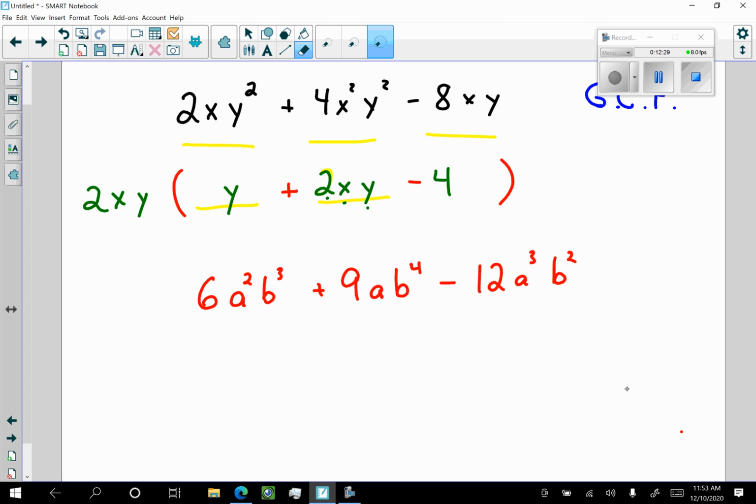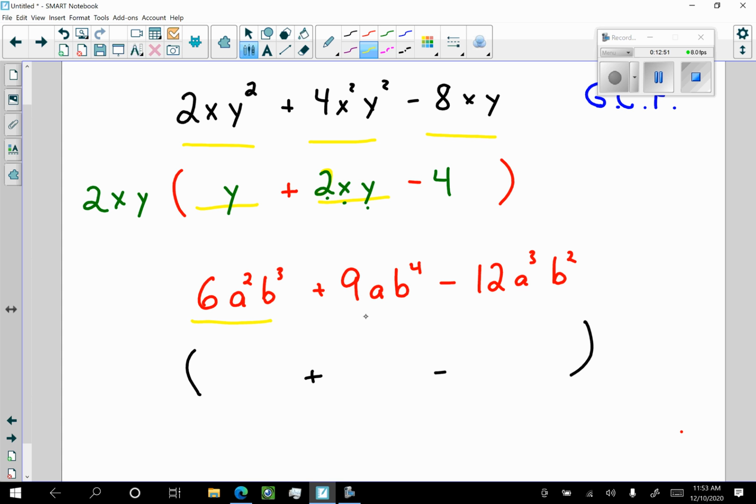The first thing we need to realize is there are 3 terms in my sum, so I'm going to use 3 parentheses, with 3 terms inside. There's going to be a plus here and a minus here. Now I'm looking at what's common to each term.